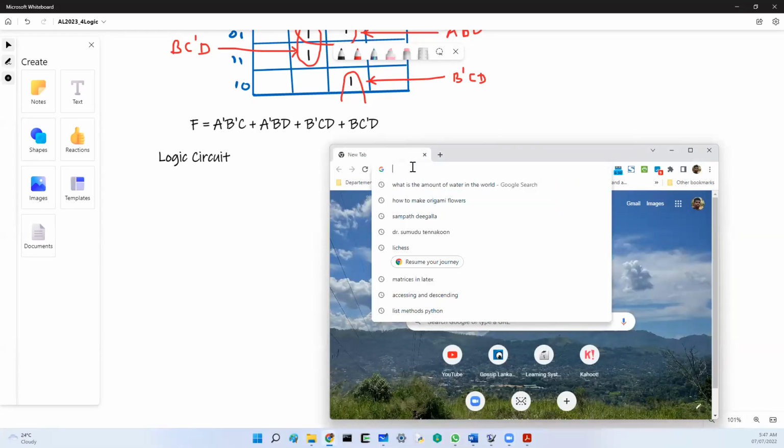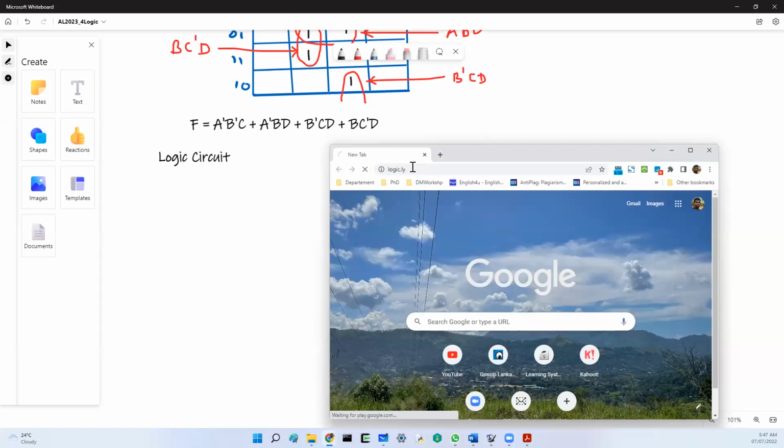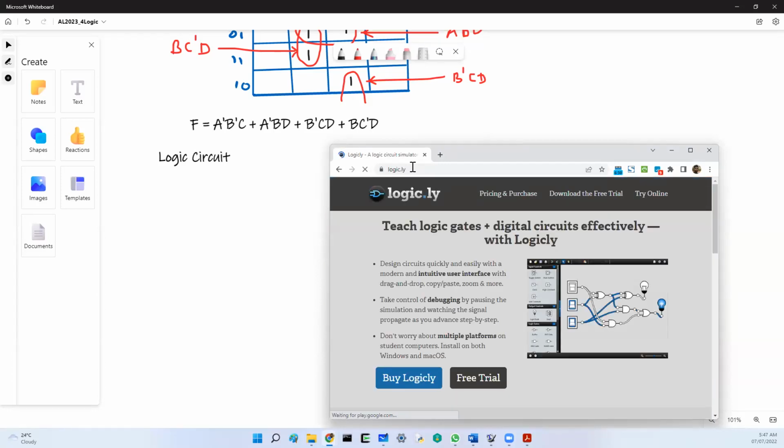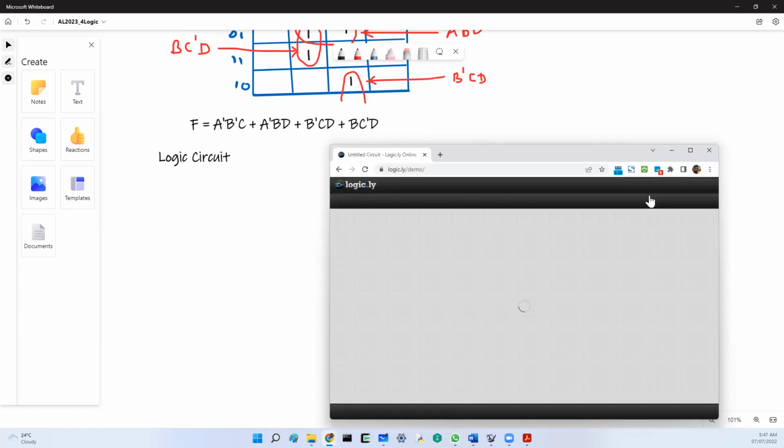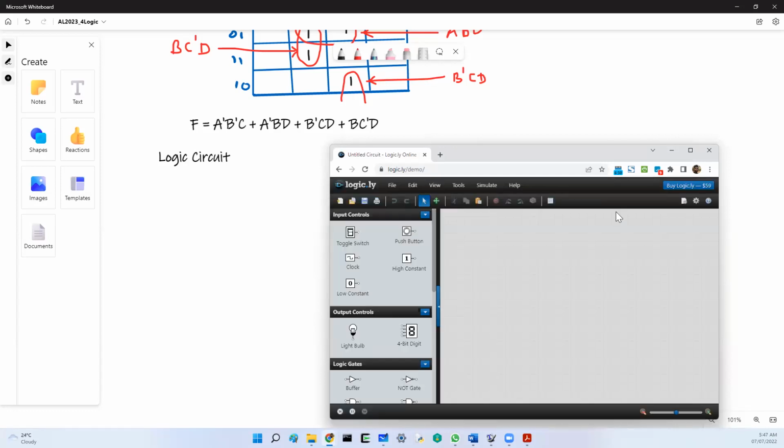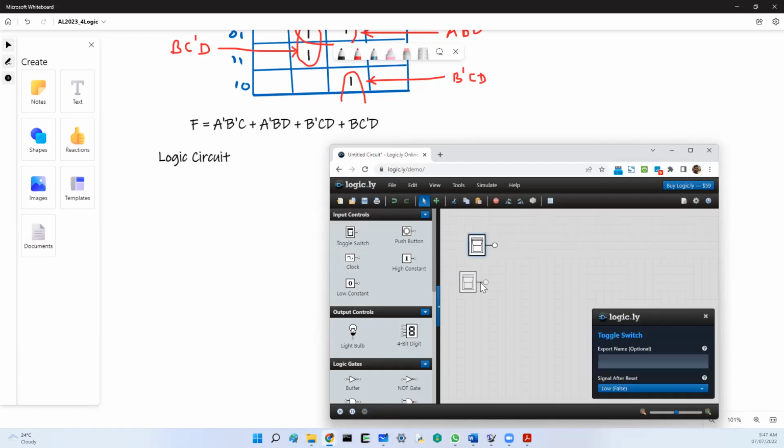Right. I'm going to use Logisim here for the easiness. Now for that, I'm going to show a couple of things, right? Yes, we will have 4 switches to indicate the inputs. Okay, so that part done.